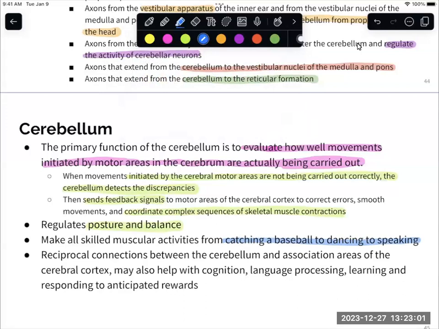We also have these reciprocal connections between that cerebellum and association areas of that cerebral cortex. It's thought to help with cognition, language processing, learning, and responding to anticipated rewards.